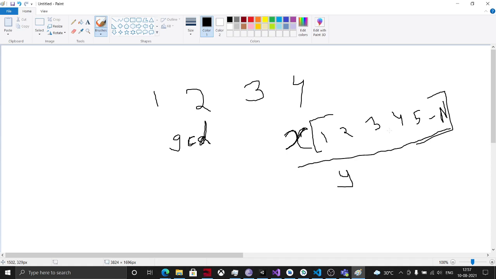How do I check that a number is divisible by y? I can either check whether x.1 mod y is 0, x.2 mod y is 0, and so on.